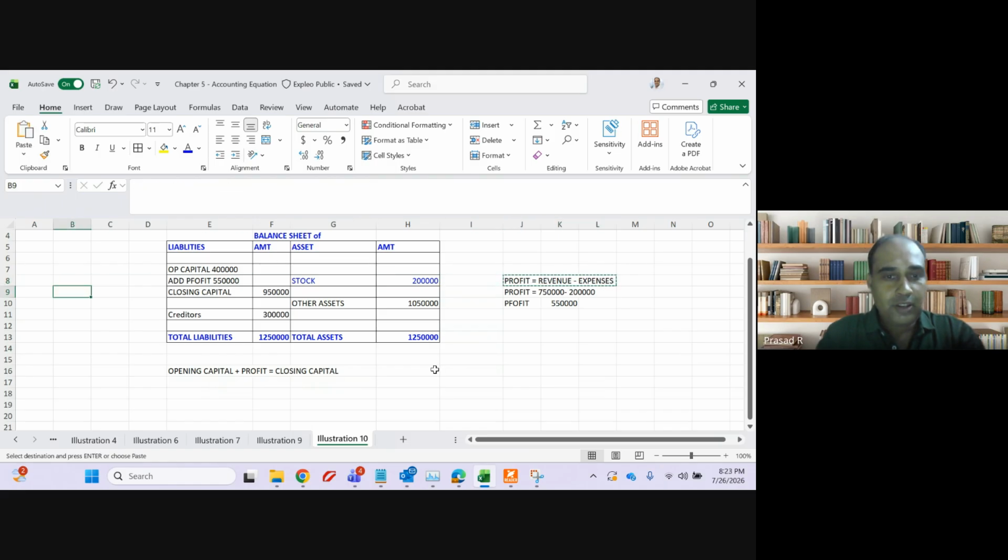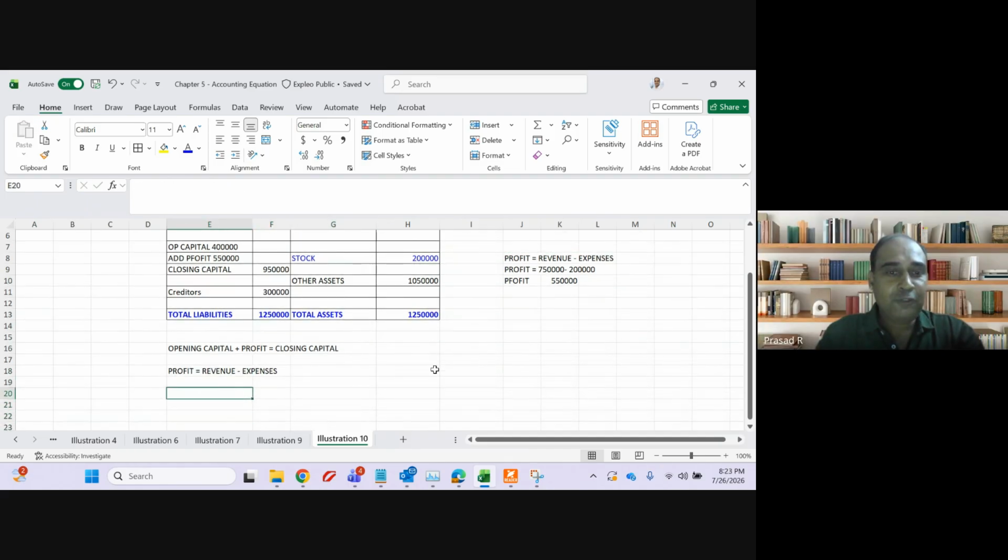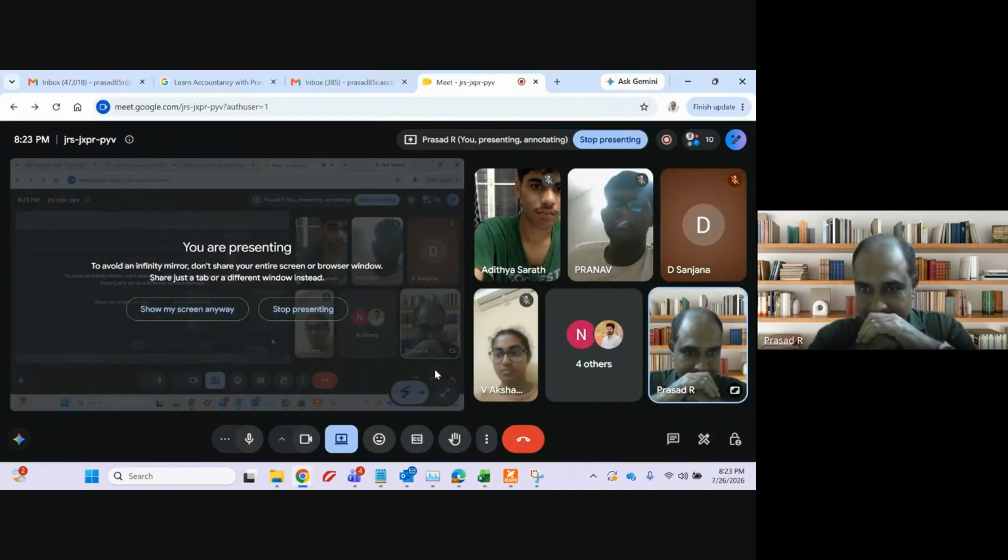Profit equal to revenue minus expenses. And the third formula that we use is closing capital plus liabilities equal to total assets. These three formulas unknowingly we have used to get the answer.